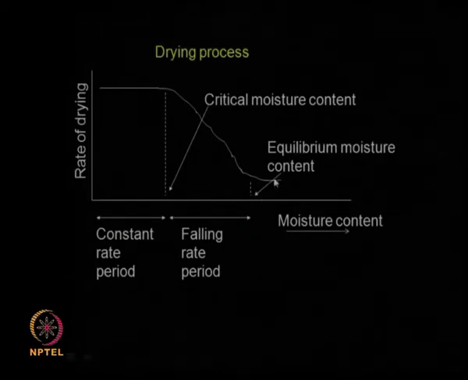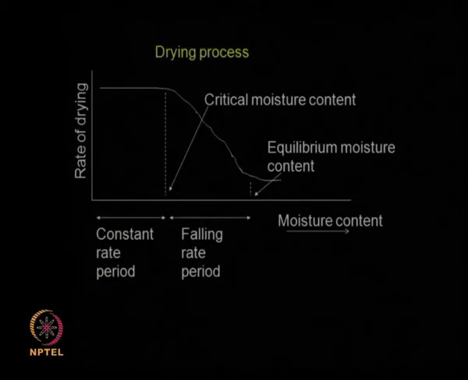It is the concentration of water in the material which is in equilibrium with the amount of water present in the air at that particular temperature. You cannot dry the material below this water concentration unless you change the relative humidity of the air.